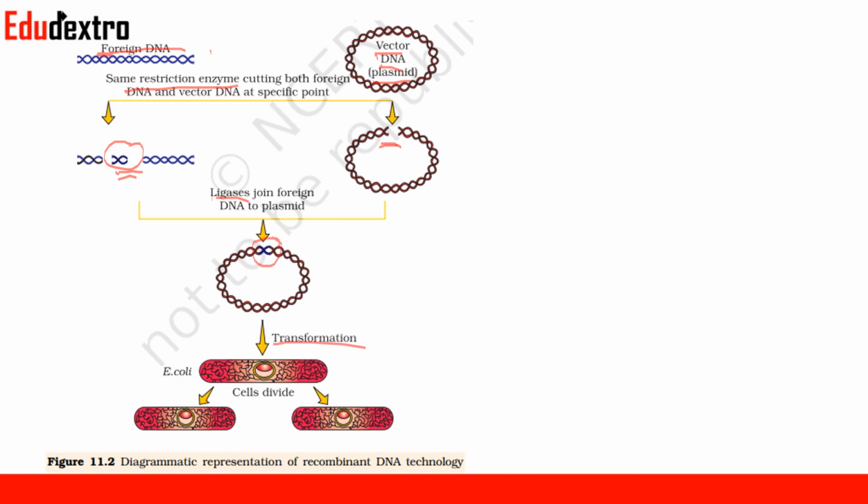Then there is a process called transformation, wherein this plasmid is introduced into this E. coli cell. Transformation is a process wherein the vector, the rDNA, is introduced into the cell of the E. coli, and when that divides, of course, you can see this happily over here as well.